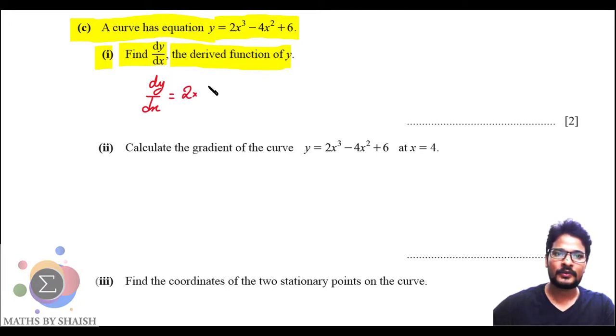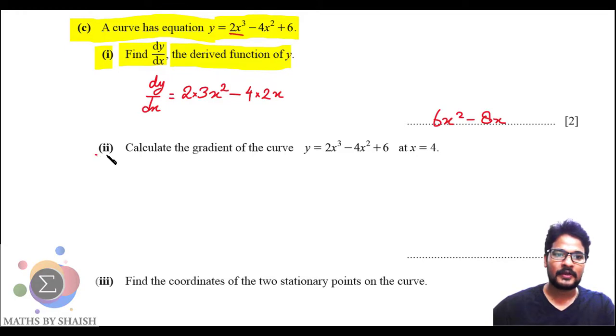Then the power is multiplied here, that is by 3, and then we reduce the power by 1, so 3 becomes 2 for this term. And for the next term, minus 4 as it is, the power 2 we multiply, and x to the power 2 minus 1 is reduced by 1, so x to the power 1, we don't write the power. Then the constant's differentiation is 0, so the final answer is 6x squared minus 8x.